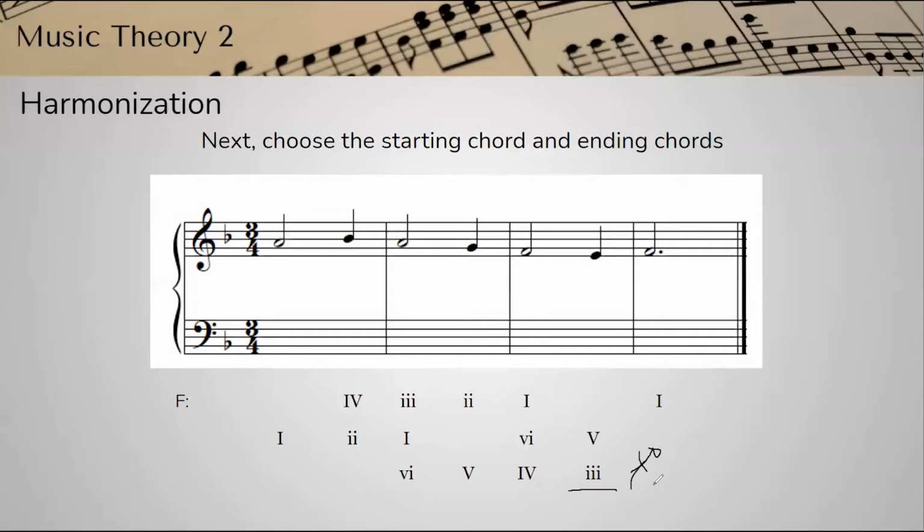That's not one of the things that 3 can do. The only chord that can lead to 1 is that 5. So that's the one that we have to use. That also helps us make decisions here. So we can pick the second to last chord as well. It has to be a 5 because that 3 cannot lead to 1.